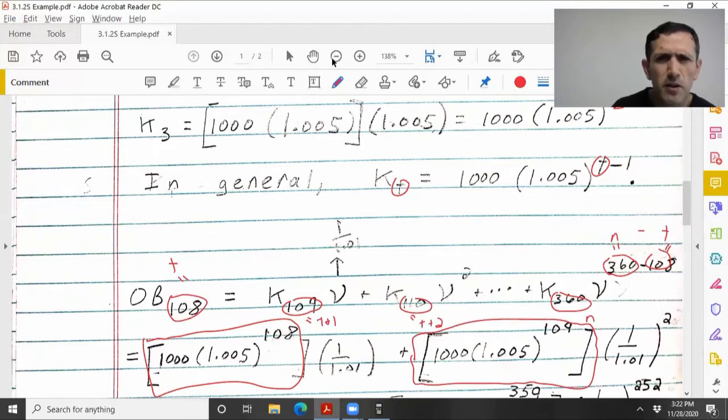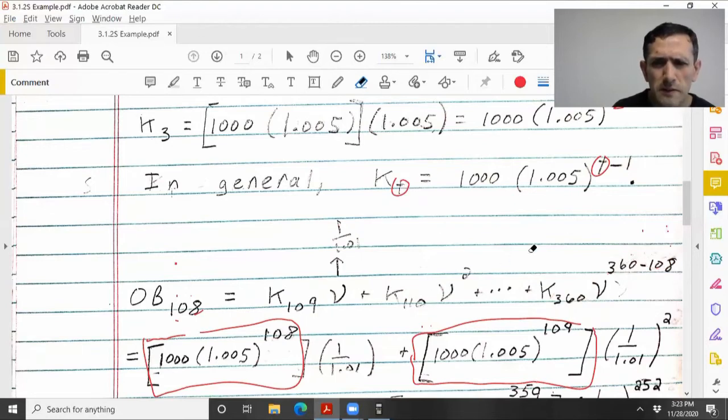This is getting a bit crowded, so let me start erasing some stuff here. I'll erase all this because I went over it already. It takes a minute to erase.